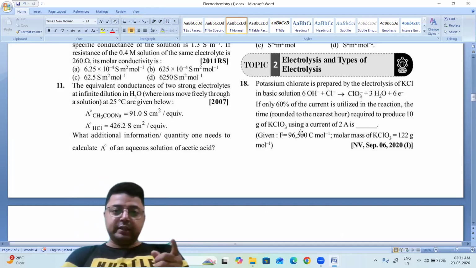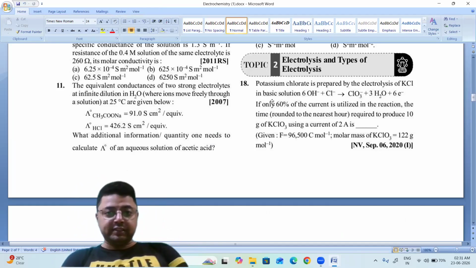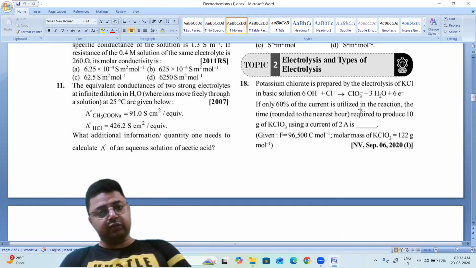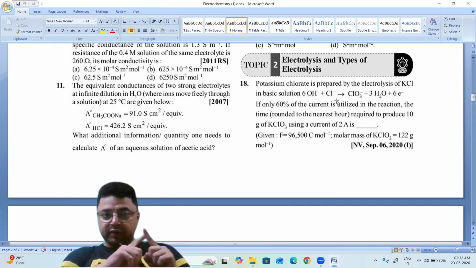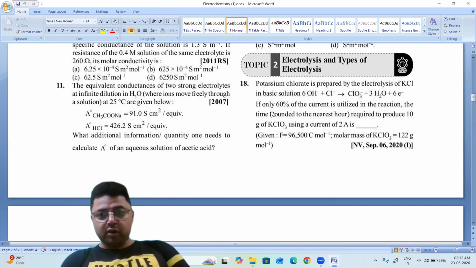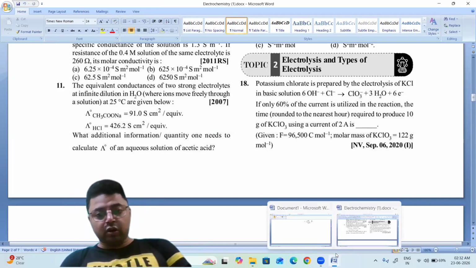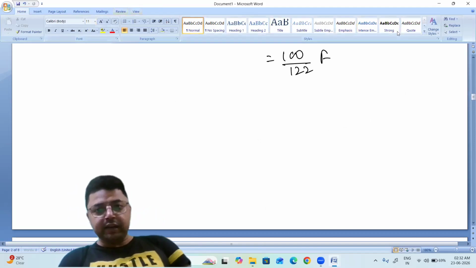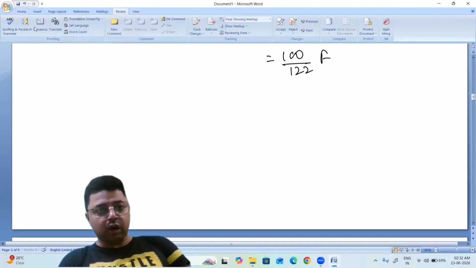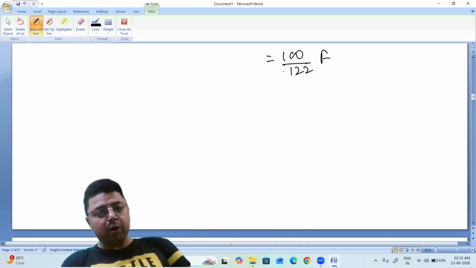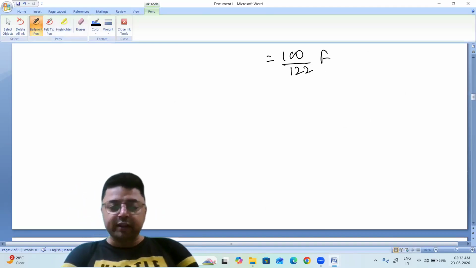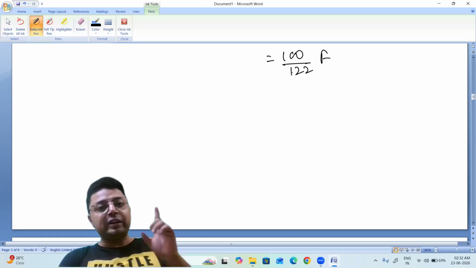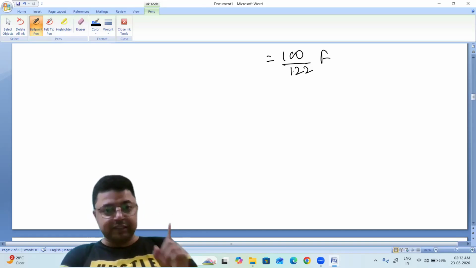So you have to find that time using the current of 2 ampere. We have already found out the amount of current that will be required to produce 10 gram of KClO3.